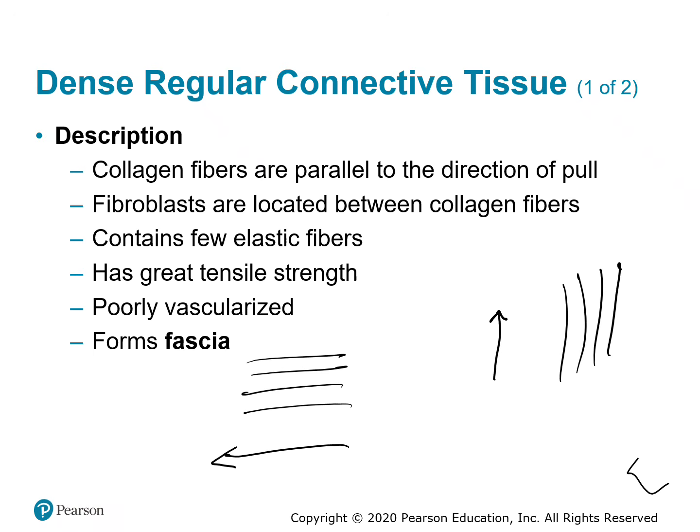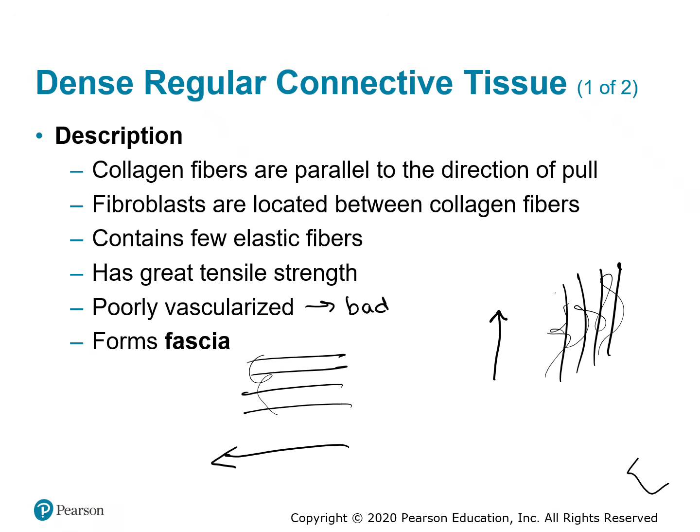I see fibers, so I know that there are fibroblasts. You'll see a few elastic fibers here and there, but not a ton. It's mostly going to be collagen fibers in those dense, regular connective tissues. They have great tensile strength, but they are not very well vascularized. So when they break, it takes a while to heal.